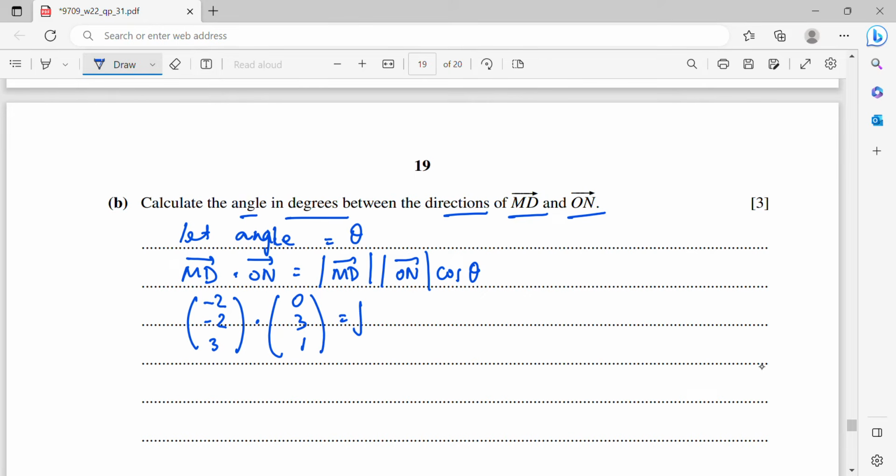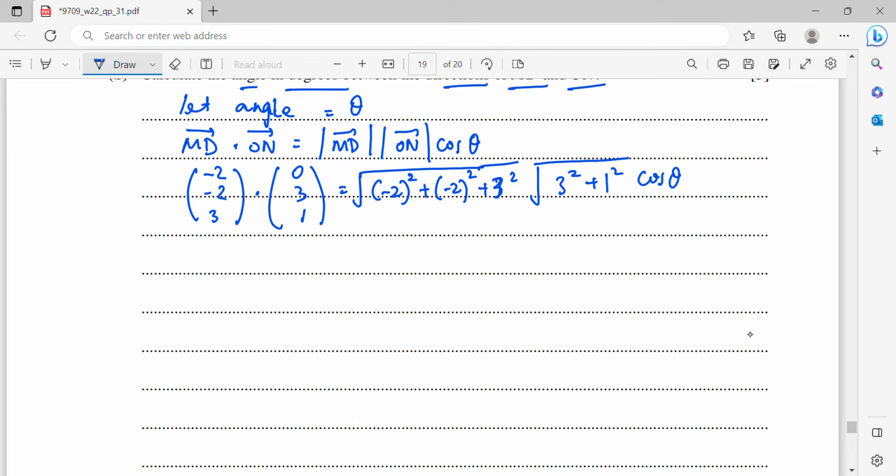So the magnitude will be square root of minus 2 squared plus minus 2 squared plus 3 squared for the first modulus. And for the second modulus, it will be 3 squared plus 1 squared. Then cos theta. Okay, so for the left-hand side, it is scalar product. So minus 2 times 0 plus minus 2 times 3 plus 3 times 1.